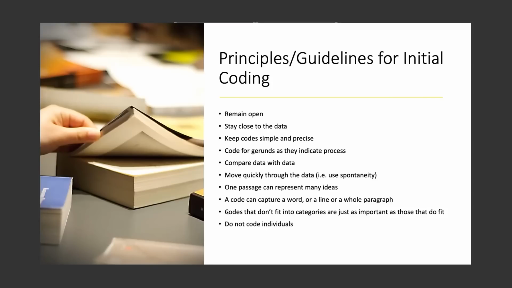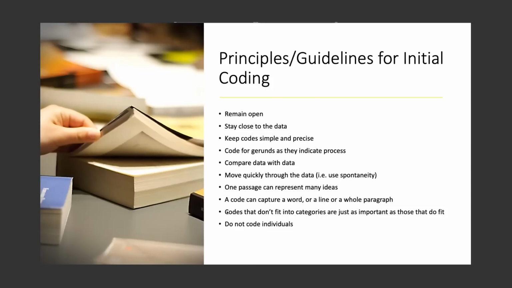And finally, this is not relevant in a lot of circumstances, and particularly not relevant for us here, because it's usually more appropriate for primary studies when you're coding interview transcripts. But you generally don't want to code individuals, because individuals encompass a wealth of experience, and you want to code the differences in their experience rather than assign them one or three labels.